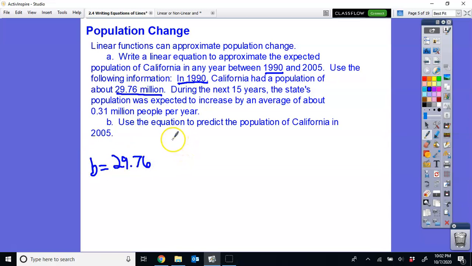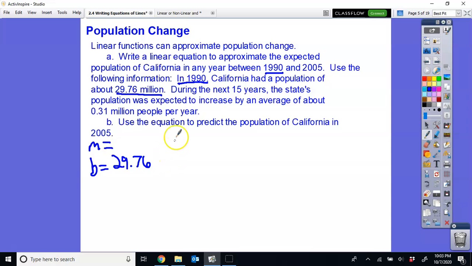The beginning amount is the b value, the y-intercept. So now that means we're just looking for the m, the slope. Now that means in real life we're looking for the way that the population is moving. Or, in more proper terms, what is the rate of change in the population?